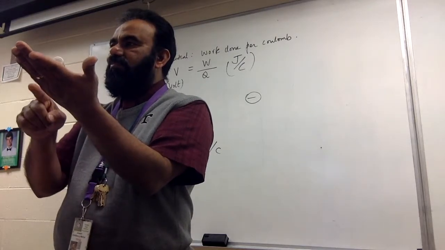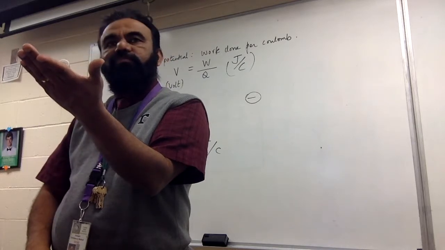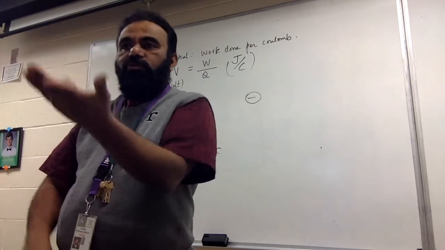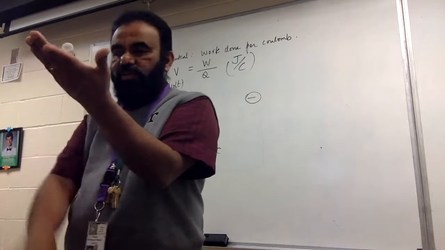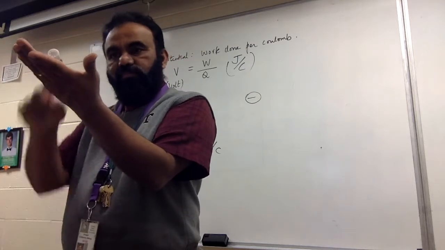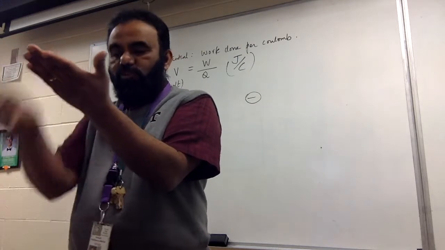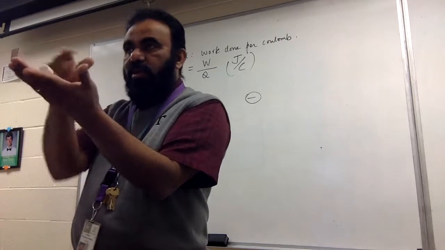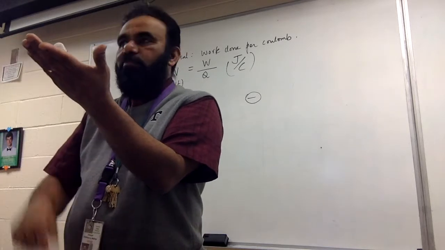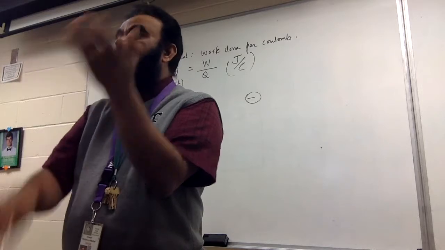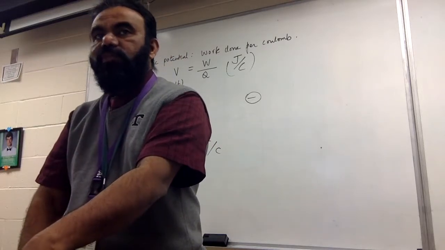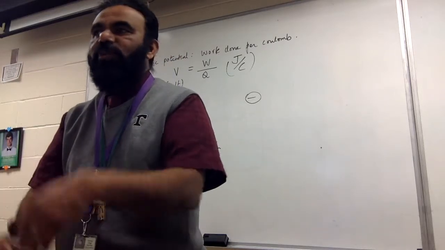You get it? It's per kilogram. Alright, so which place is higher potential, here or here? This is the higher potential. So to take it from below to here, I need to do work. But when it goes from here to here, it gives out the energy. Right? Do you see it? So it depends on which way it's going.